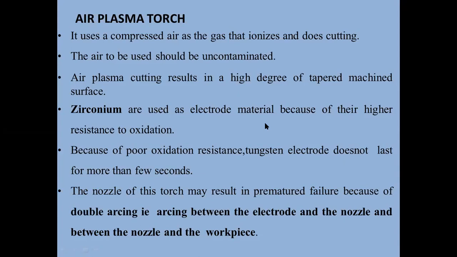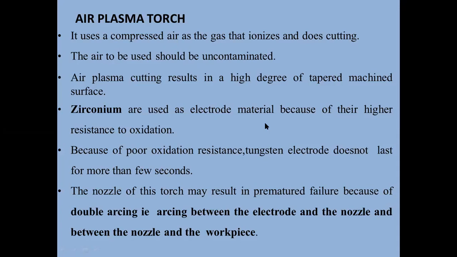In this session we'll see the different types of torches, and the particular advantages and disadvantages of each one. Mainly we have the air or oxygen one, the dual gas one, and the last one is water, the water based plasma torch.